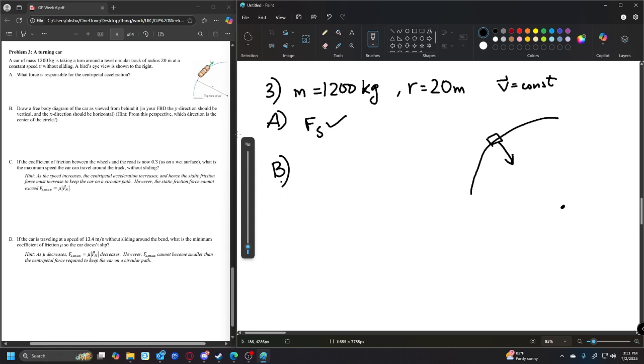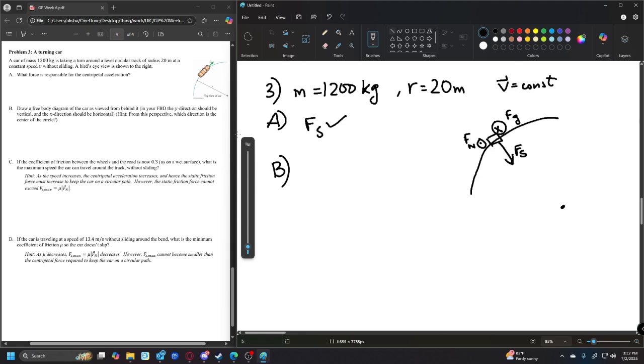Part B is asking us to draw a free body diagram of the system where the y-axis is vertical and the x-axis is horizontal. So on this car, there's a normal force that is coming out of the page like this, and there's a gravitational force that's going into the page like that, and there's your Fs going like this. So to represent this in terms of a free body diagram, we can write it like this.